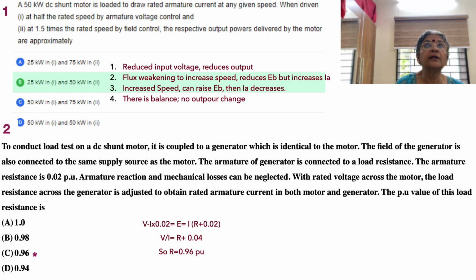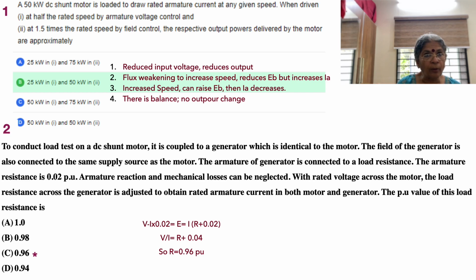At 1.5 times the rated speed, the voltage is not reduced; the flux is reduced. Since the supply voltage is not reduced, the voltage is all available, so the back EMF reduces, but the current increases because the applied voltage is the same and the back EMF is reduced.